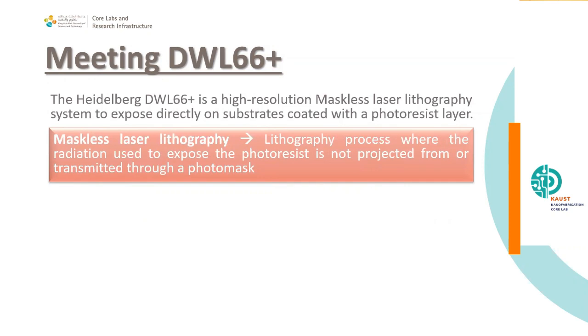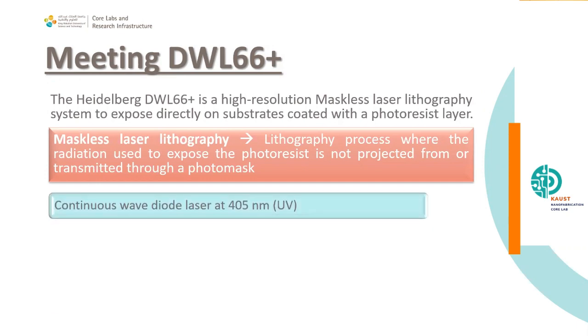this is a lithography process where the radiation, instead of being transferred through or projected from a photomask, is directly exposed from the design onto your substrate. What we have inside of this laser writer is a continuous wave diode laser at 405 nanometers wavelength.